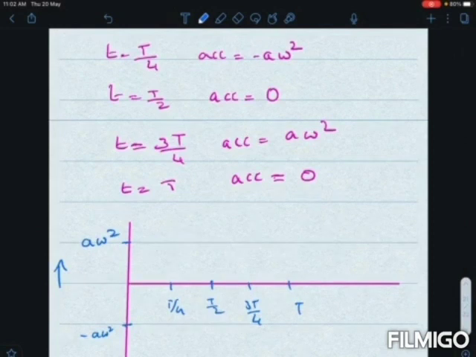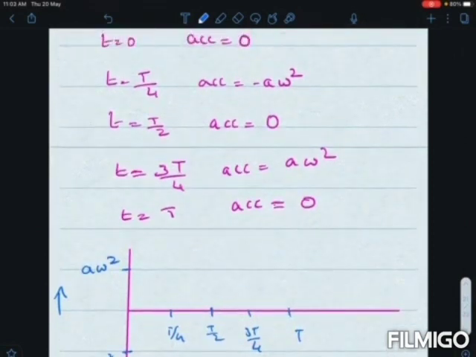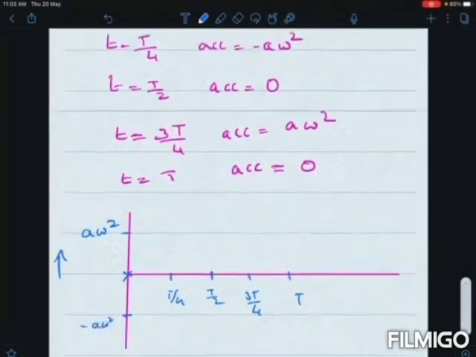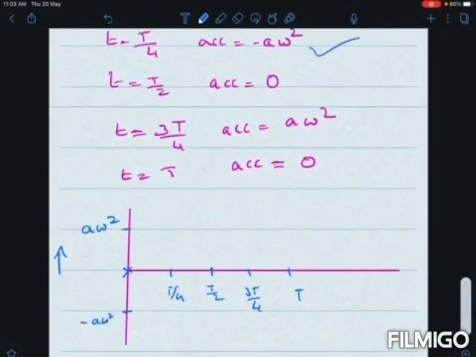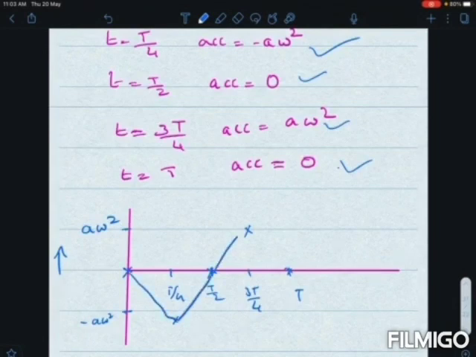At t is equal to 0, acceleration will be 0, so this point is 0. Then at T by 4 it is minus A omega square, so this is the point. Then at T by 2 it is 0. At 3T by 4 it is A omega square. So point it here. And again at t it is 0. So you can draw through the points.